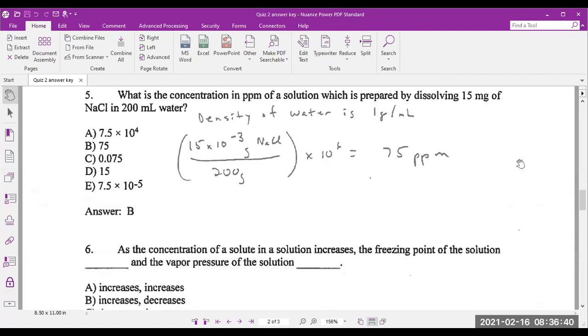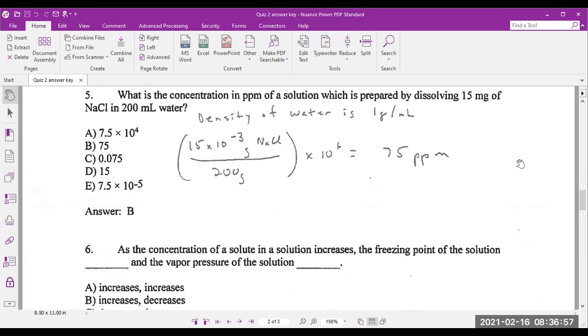Number 5, what's the concentration in parts per million of a solution which is prepared by dissolving 15 milligrams of sodium chloride in 200 mils of water? So a couple things you needed to take into account.